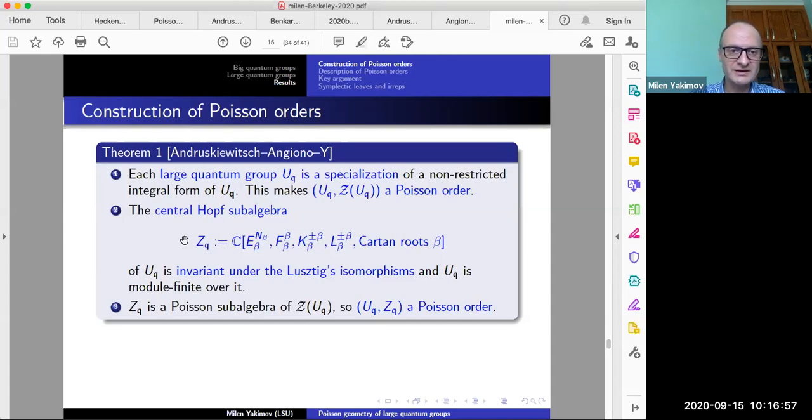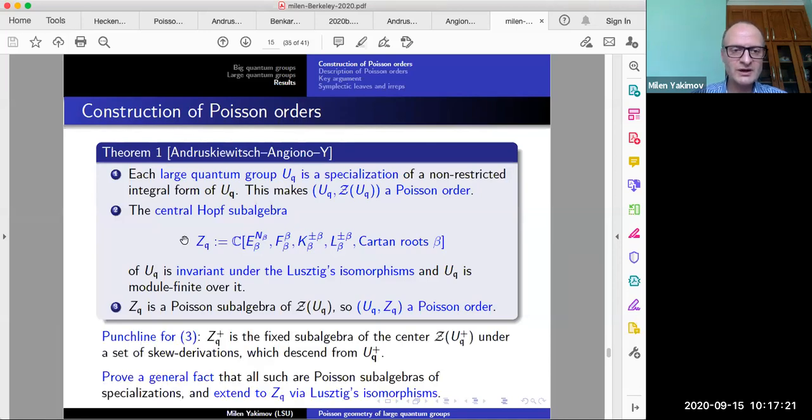That's the second part. And the third part, this is the most challenging part here, is that the central subalgebra is a Poisson subalgebra of the full center of the large quantum group. So that immediately implies that the pair U_Q-Z_Q is a Poisson order. So we're going to do geometry with this Poisson order.